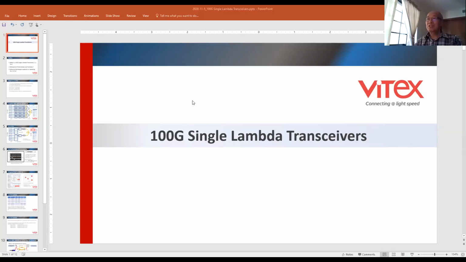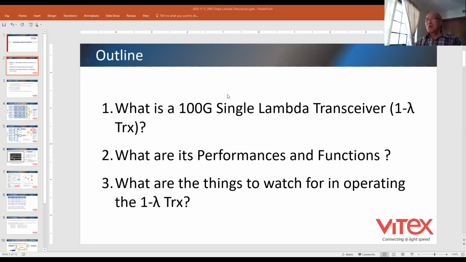First-time users usually have some trouble because there is some difference between this single lambda and the other types in the 100G family. So basically, I will talk about three things.